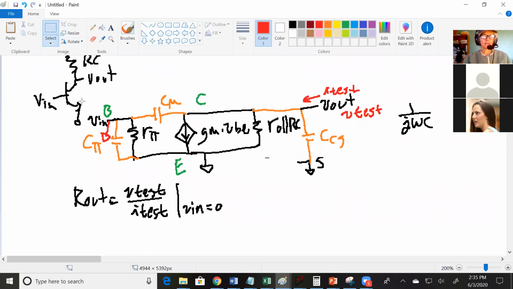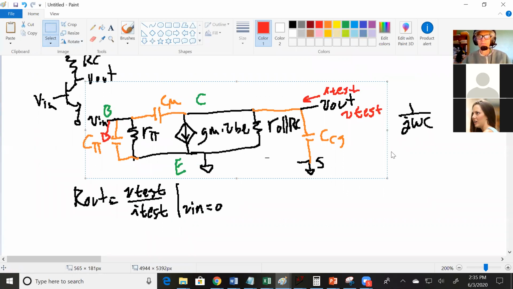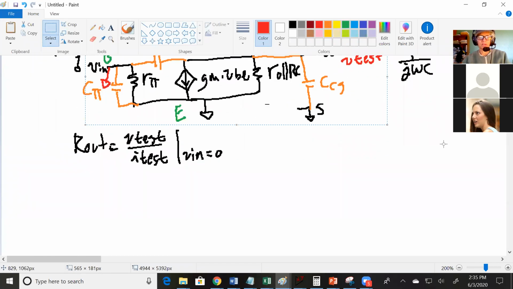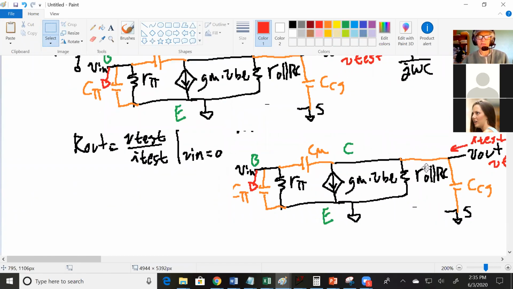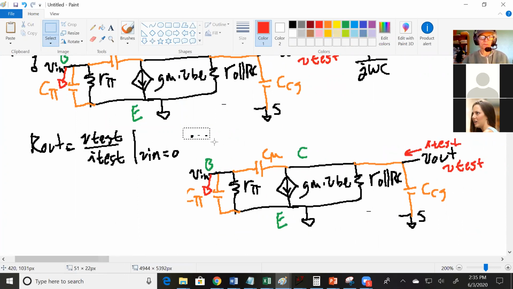And this should scare you. This probably looks very scary. But let's see if we can get rid of some stuff. Anything we can get rid of, we'll do purple. R pi goes away. You've got 0 on both sides. So R pi goes away.